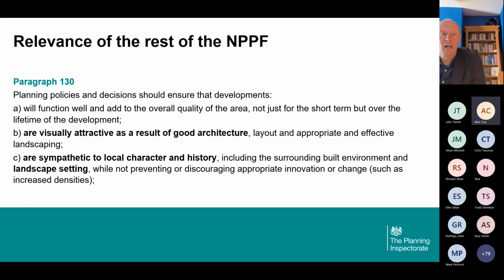So also highly relevant is paragraph 130. Again, I've highlighted some of the key words there that I'd pick out in any decision I had to make. So we've got there visually attractive as a result of good architecture. Those are key words that I would be quoting back. And other words highlighted in paragraph 130 are sympathetic to local character and history.